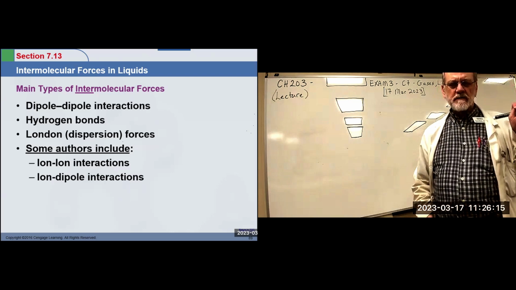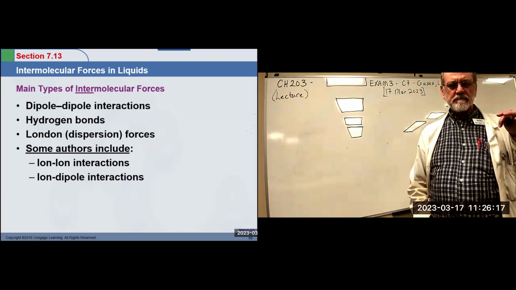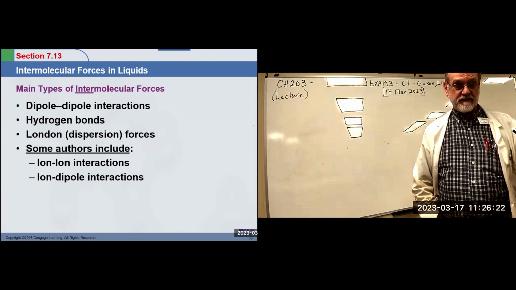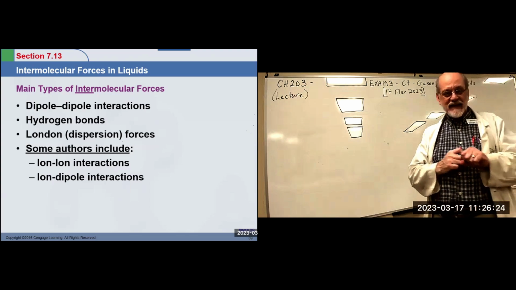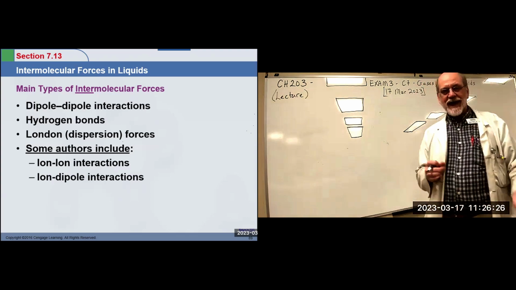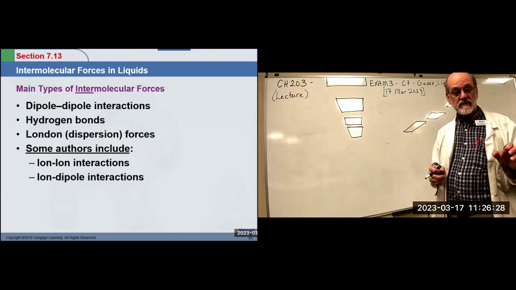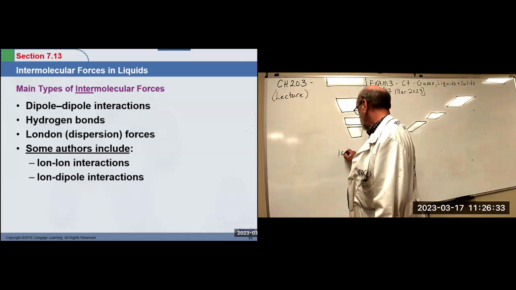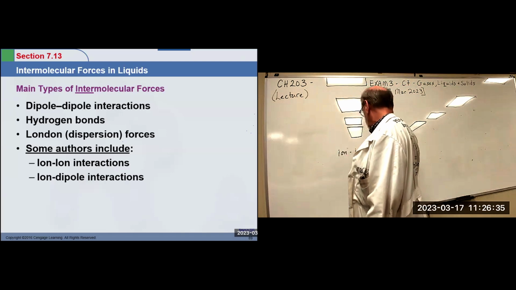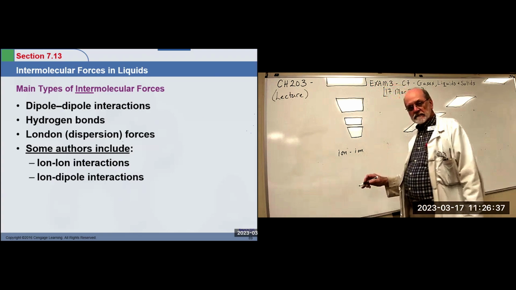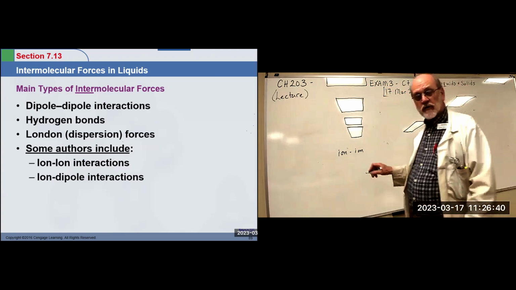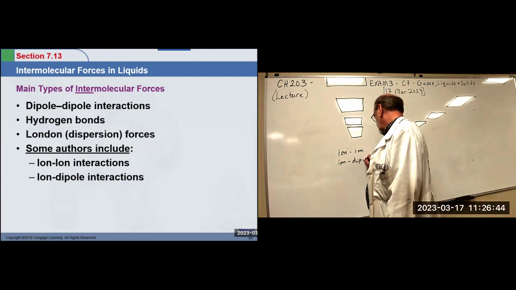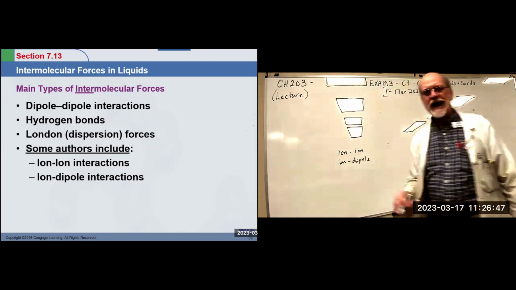So when we order these intermolecular forces in order of strength, we find that the ion-ion interactions are the strongest. So we have two ions together. They're the strongest. The next strongest would be ion dipoles. So where would you get an ion?